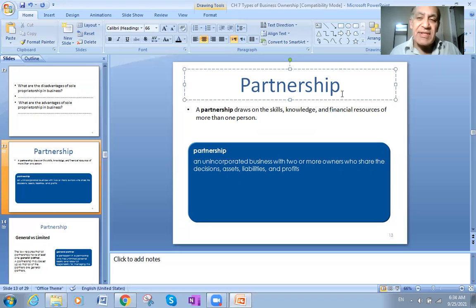It is similar, closer to the sole proprietor in some points. Meanwhile, it also avoids some of the disadvantages of the sole proprietorship. Let me give you an example.